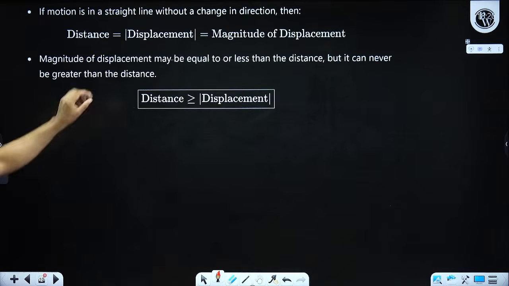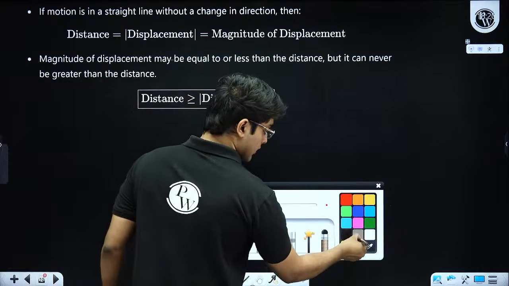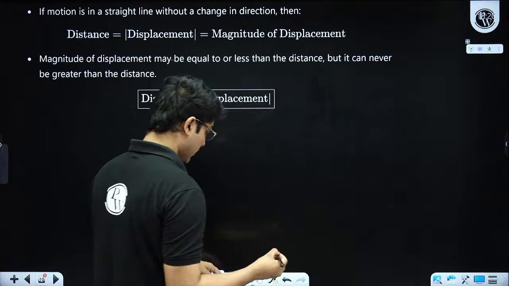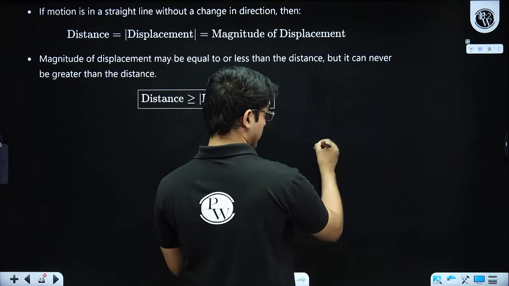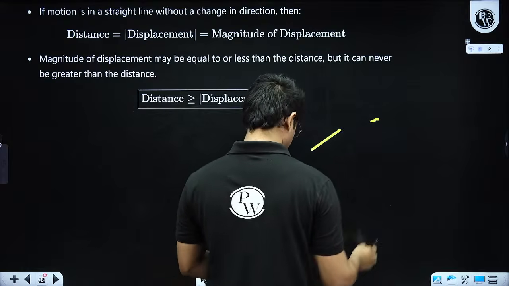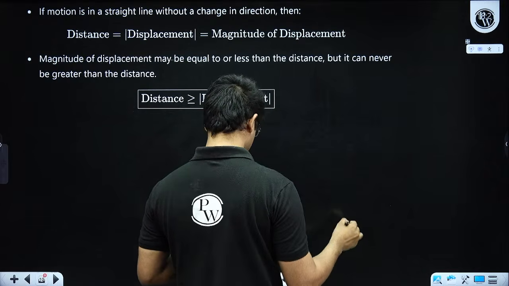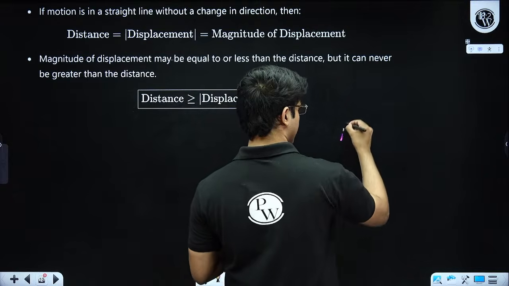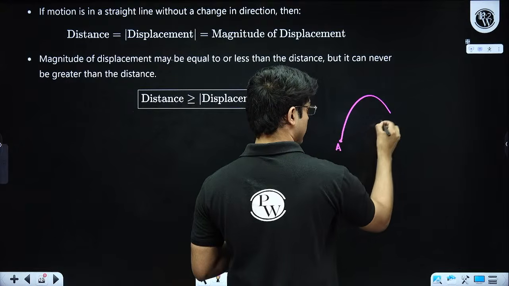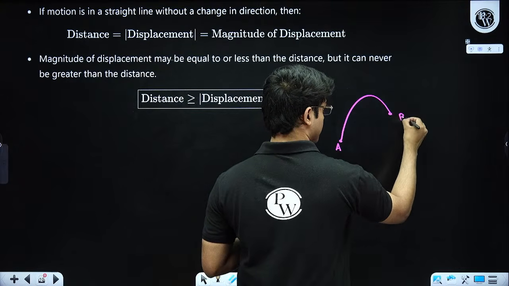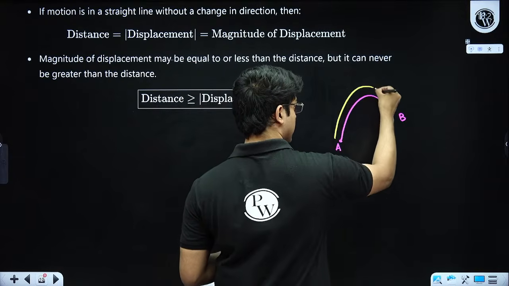Yeah, before that let's also cover this fact, okay. So, there is one case in general. If I ask you to compare distance and magnitude of displacement, they are not equal, okay. So, for example, in our old example from this point A to this point B, the distance will be the length of this curve, right.